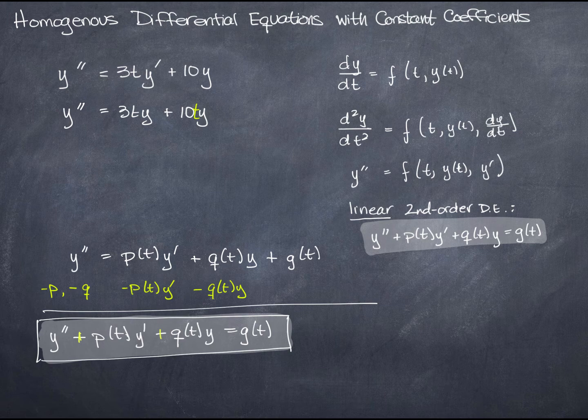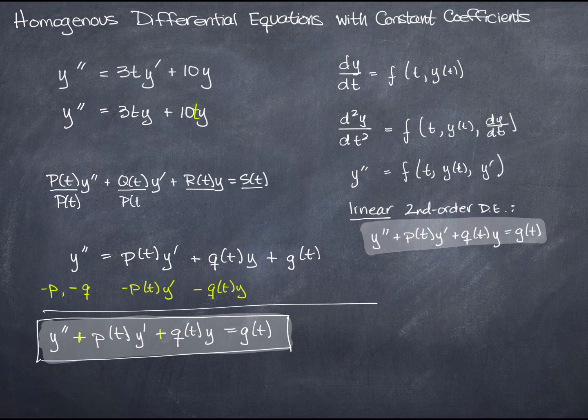If you find that you have something that's close but not quite right, for example, if you have P of t times y double prime plus Q of t times y prime plus R of t times y equals S of t, then in order to get it into this form, notice there's no coefficient function here for y double prime. All I need to do is divide both sides by P of t.